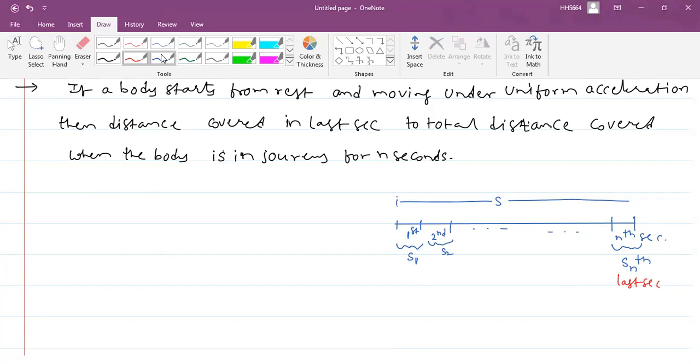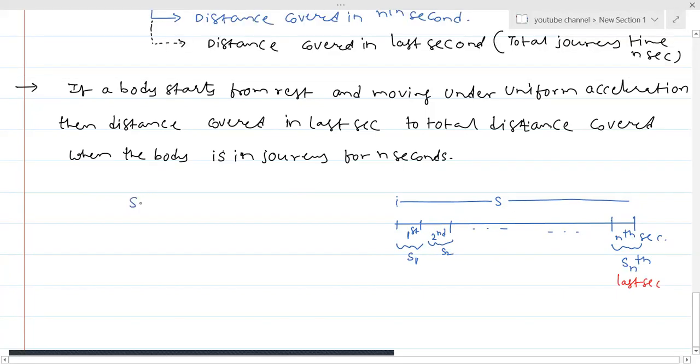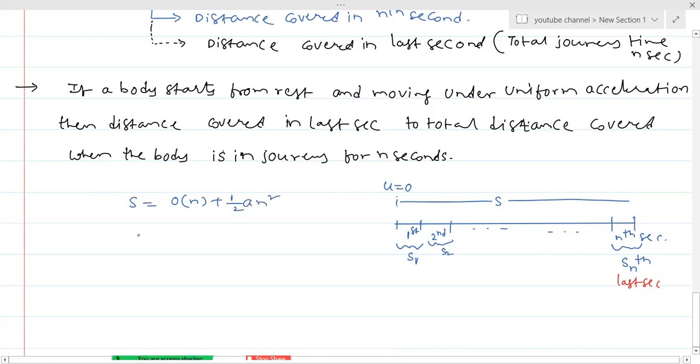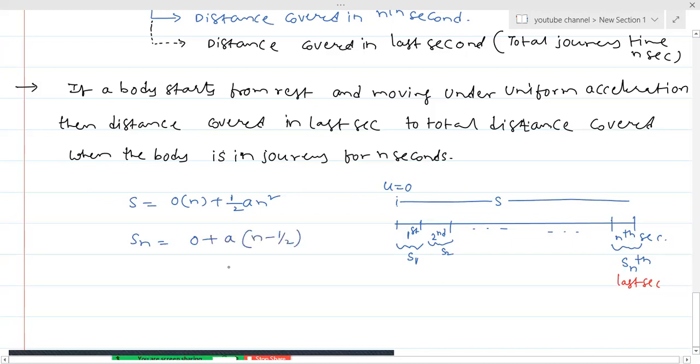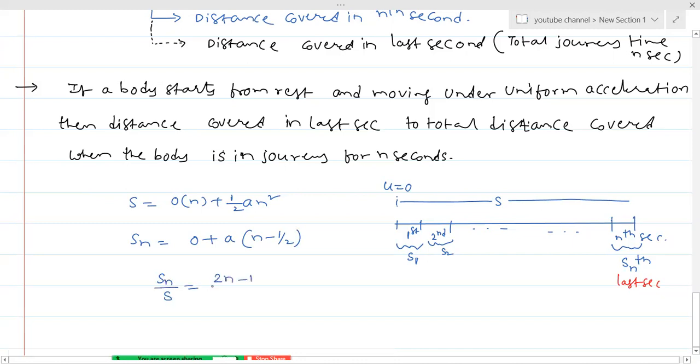So we will apply the equations of motion, S equivalent to ut plus half at square, as the body starts from rest: 0 into n plus half into n square, and Sn equivalent to u plus a into n minus half. By dividing these, we will get Sn by S equivalent to 2n minus 1 by n square.